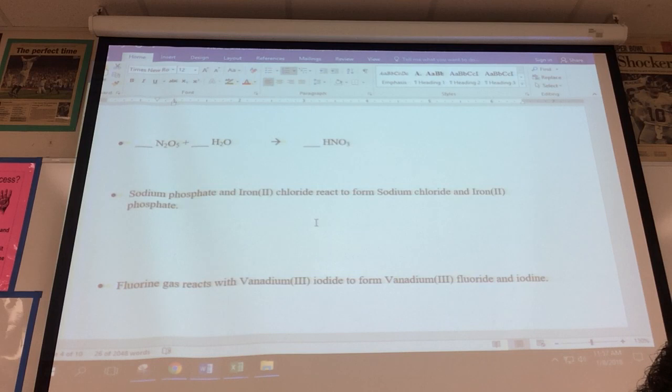It says sodium phosphate reacts with iron 2 chloride to form sodium chloride and iron 2 phosphate.